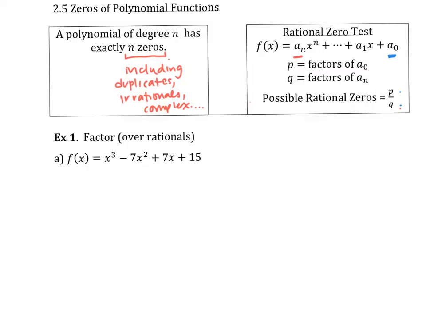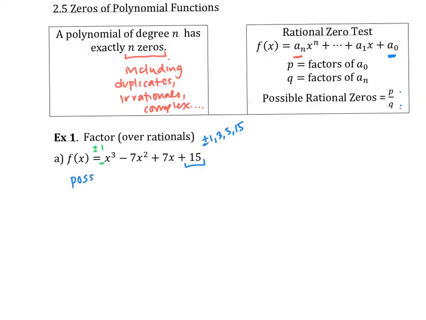The rational zero test says, look at the last term, the constant term, and think of the factors of 15. It could be positive or negative 1, 3, 5, or 15. Then I look at the factors of the first term. This is actually a 1, so it's just 1. If I want to know the possible rational zeros, I'm going to list them out.